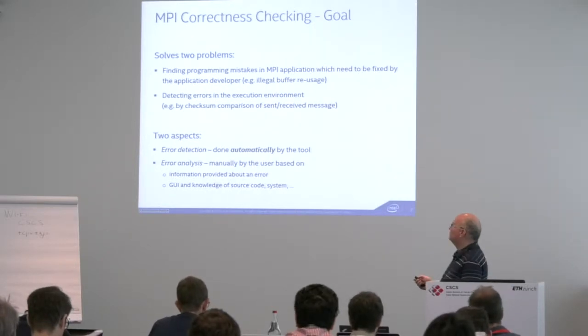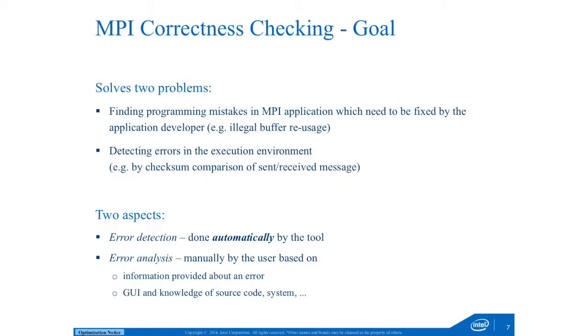Here it's written that the objectives would be finding programming errors, but also, by having these checksums, if there are problems in the network, if your network is not running correctly, then you might find errors by using the checksums, which is done automatically.